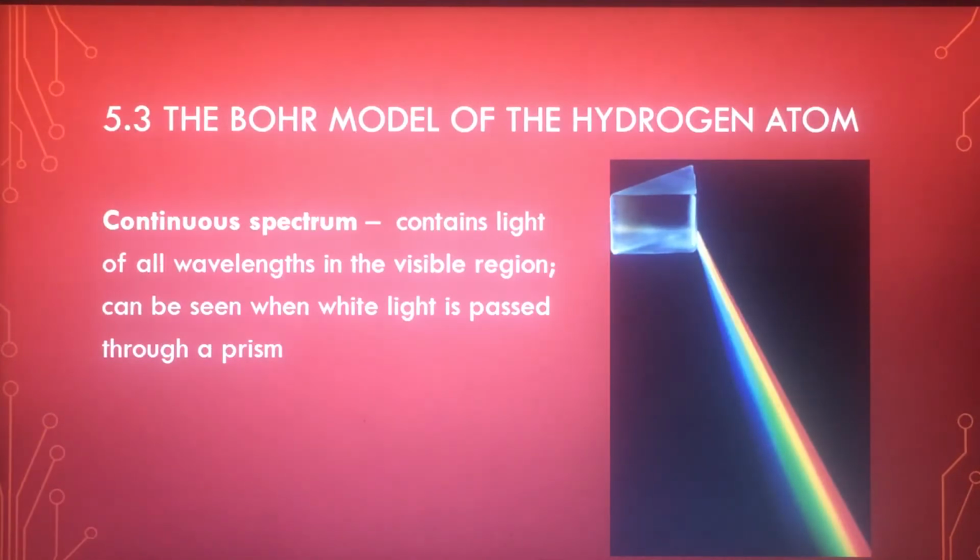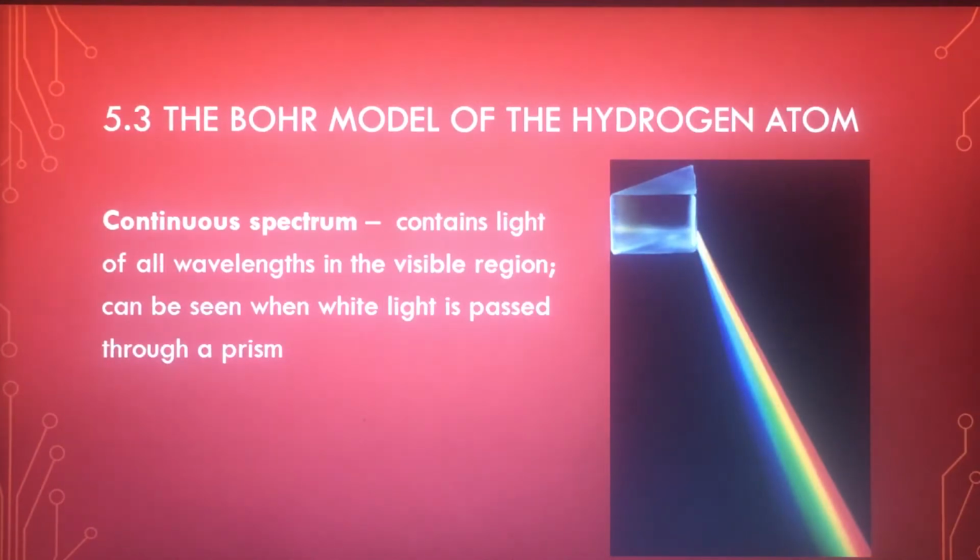Okay, so from the previous discussion about the electromagnetic radiation and matter, there is a slide showing the visible light spectrum. If you try to recall that slide, there is a continuous change in the color or change in the wavelength, and it contains all colors from violet up to the red.